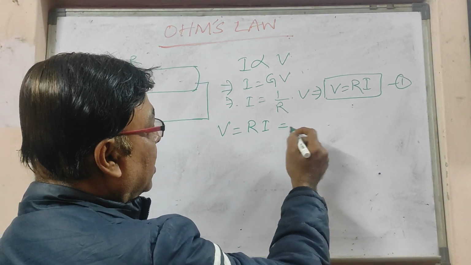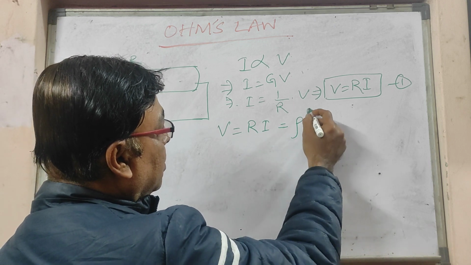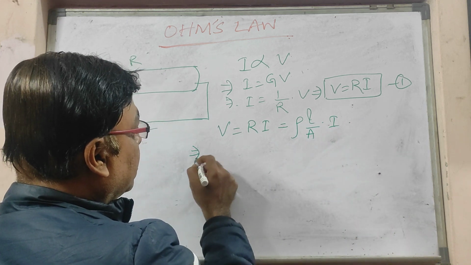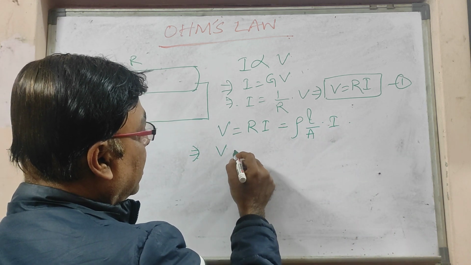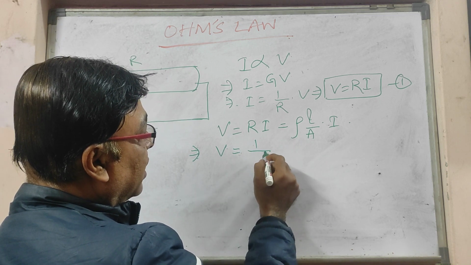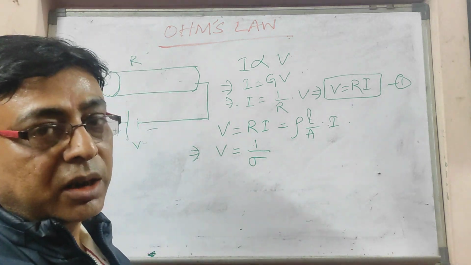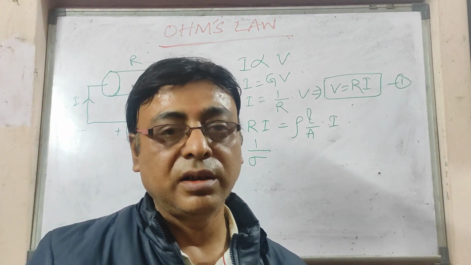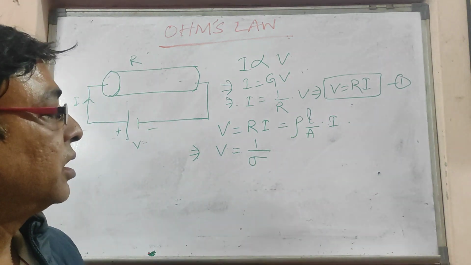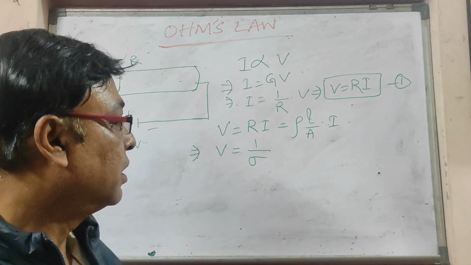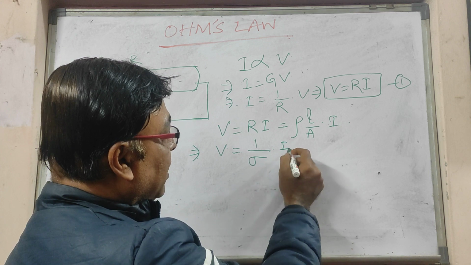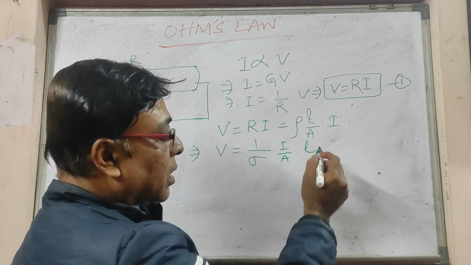If we apply that here, it will be rho L / A times I. So we can write, instead of the resistivity rho, 1 by sigma, as resistivity is the reciprocal of conductivity, where sigma is the conductivity, and this will be I / A times L.